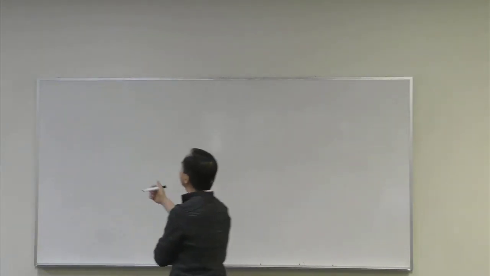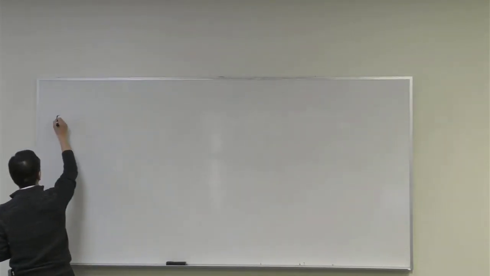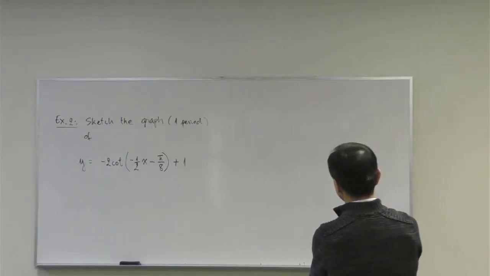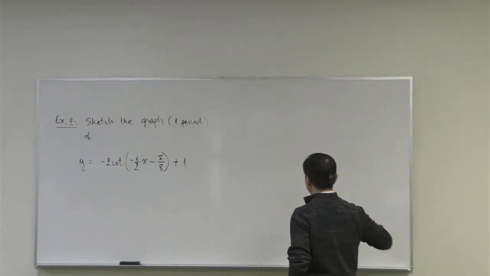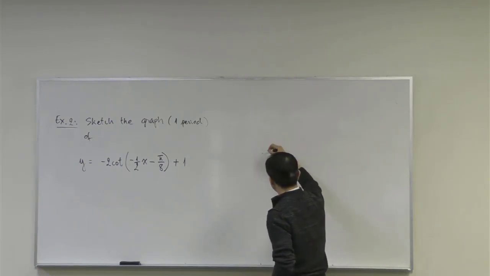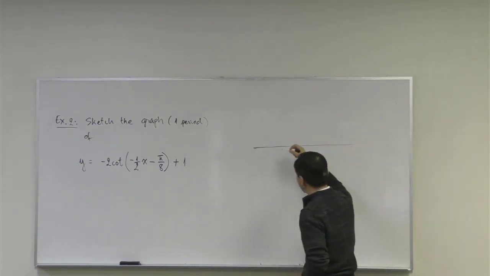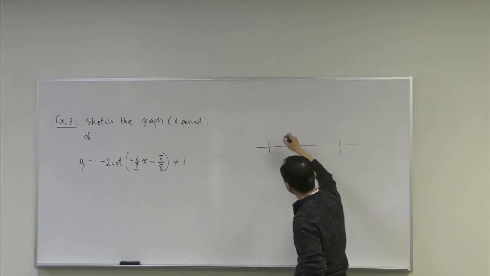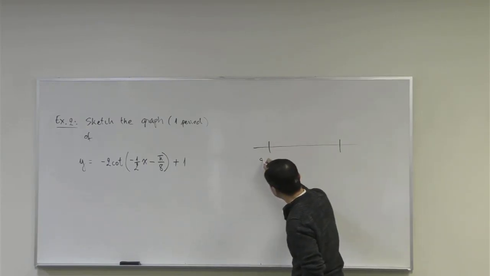So let's call it example 2. Okay. So again, I need to remind you of the cotangent, right? The graph of cotangent. What stays in your mind about the graph is the starting and the ending, right?